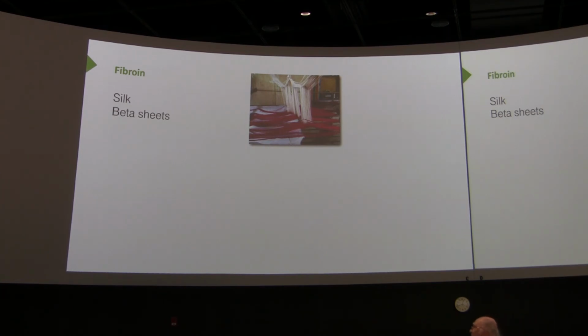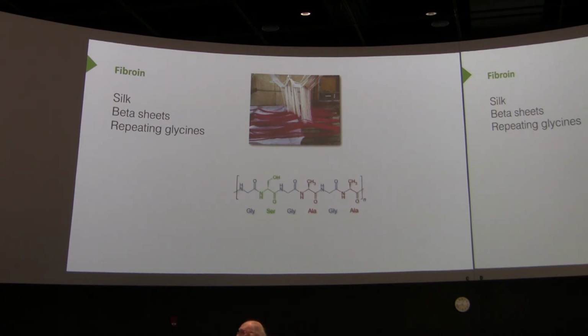And fibroin I show you as an example because it's primarily beta sheets. Others form helices of sorts. If we look at the sequence of fibroin, it's a repeating sequence like you see on the screen here. This repeating sequence has glycine, not as every third amino acid, but as every other amino acid. This is a very, very glycine-rich protein.